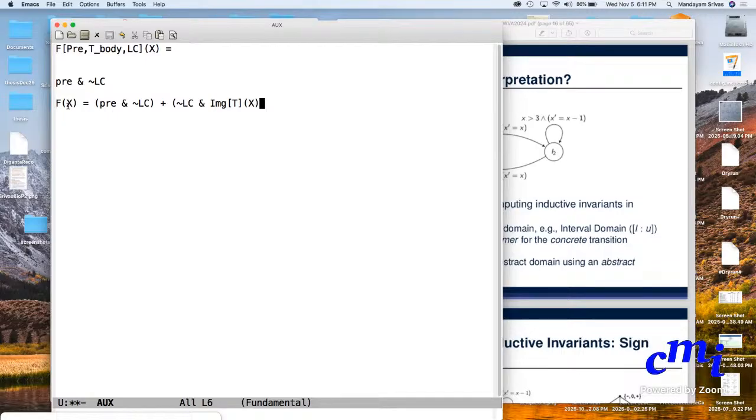X is a set of states; it's an element of the lattice. F is a higher order function. F maps set to set, or formula to formula. So I'm defining what you asked me F should intuitively be doing.